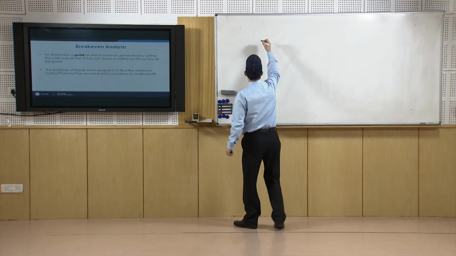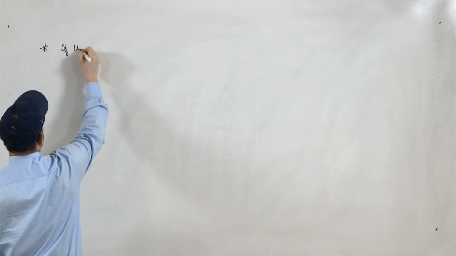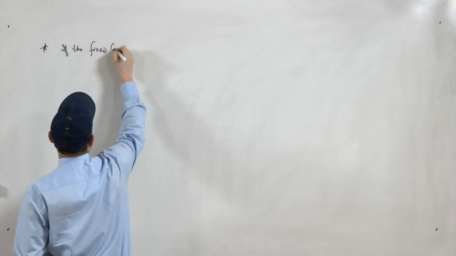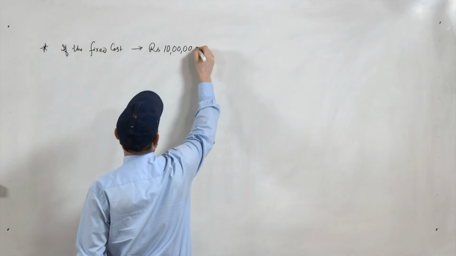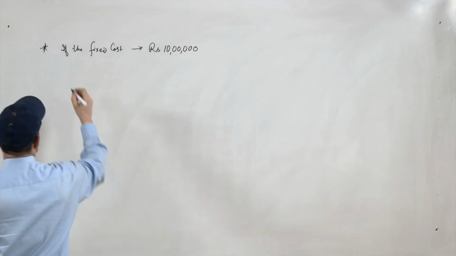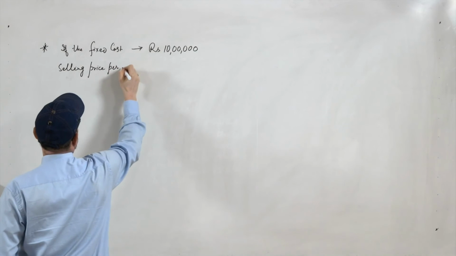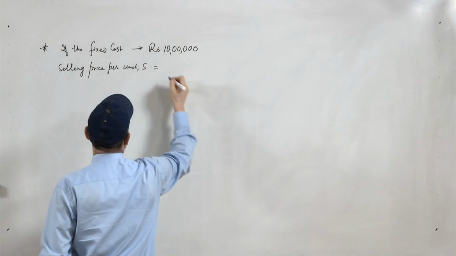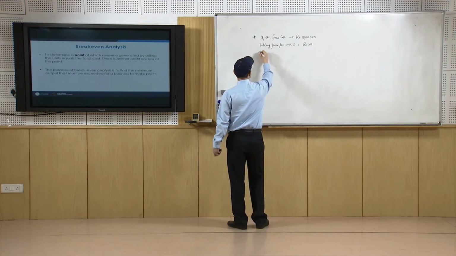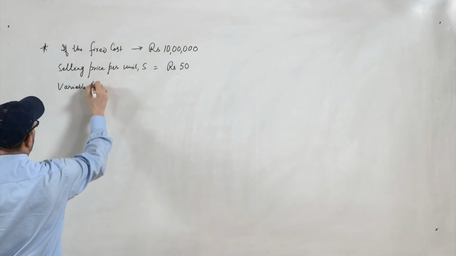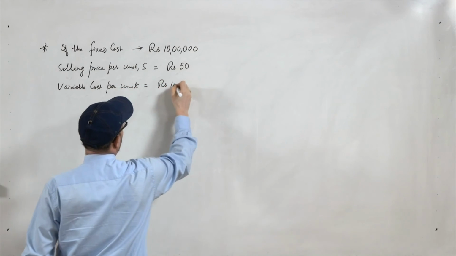So, let us see, we have a problem given as this, that the fixed cost per year is given as rupees 10 lakh, selling price per unit, that is S, is given as rupees 50, and variable cost per unit is given as rupees 10.